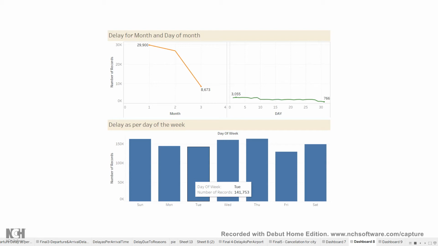On Wednesday, the number is 155,500. For Saturday, the number is 148,679.